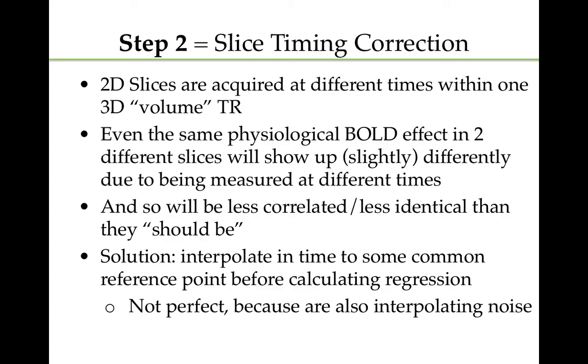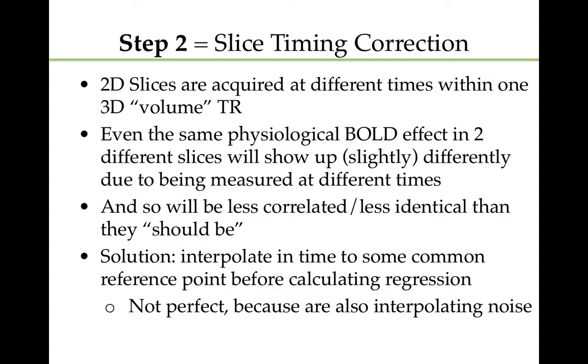Slice timing correction is needed because most functional MRI techniques don't acquire snapshot volumes in a single acquisition. Instead, 2D slices are acquired at different times, and then they're assembled into a 3D volume, and then the whole process is repeated over and over again every couple of seconds.